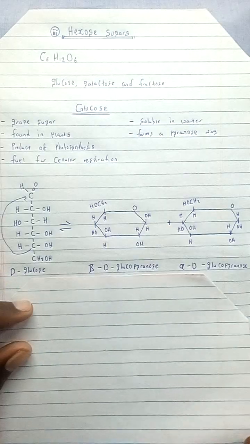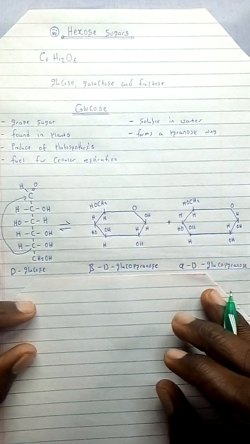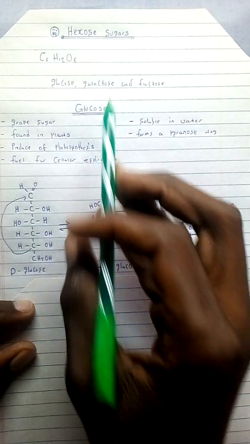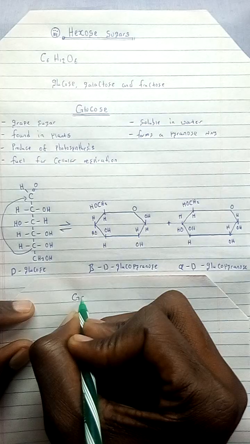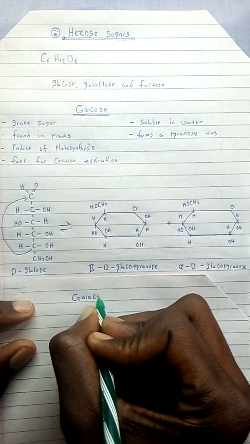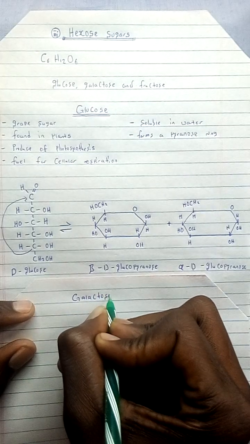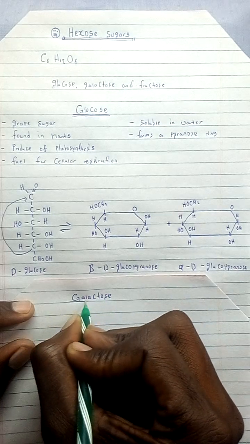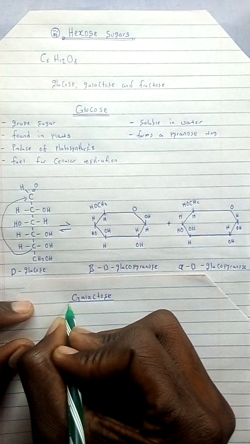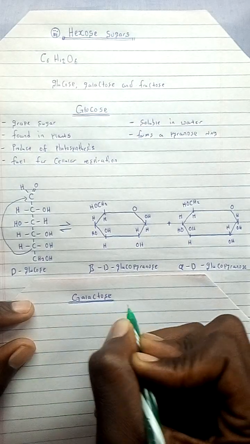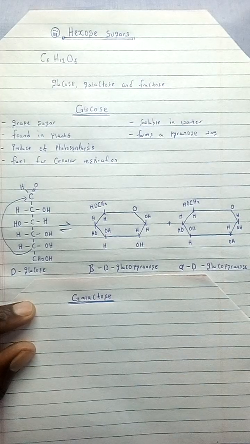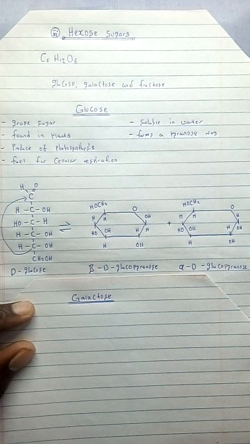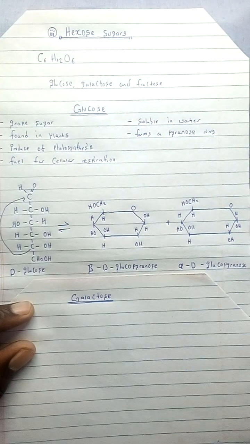Let's now look at galactose, guys. Galactose is also a water-soluble monosaccharide, just like glucose, and it is a structural isomer of glucose.